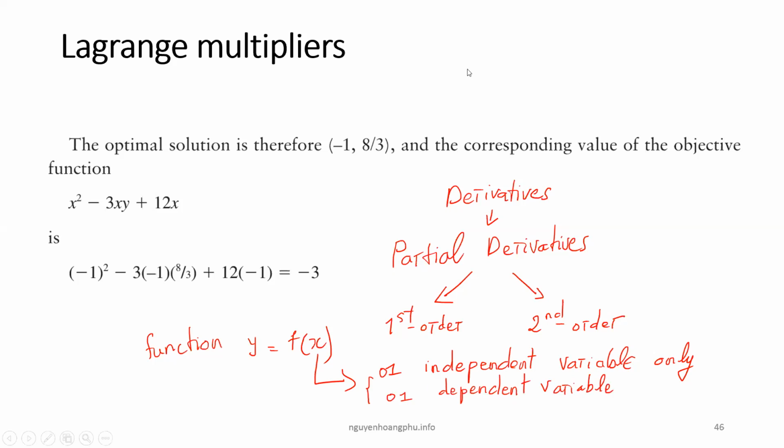So for this case, we can take the derivative dy by dx only, right? Or the second derivative, d squared y by dx squared. So y by x.